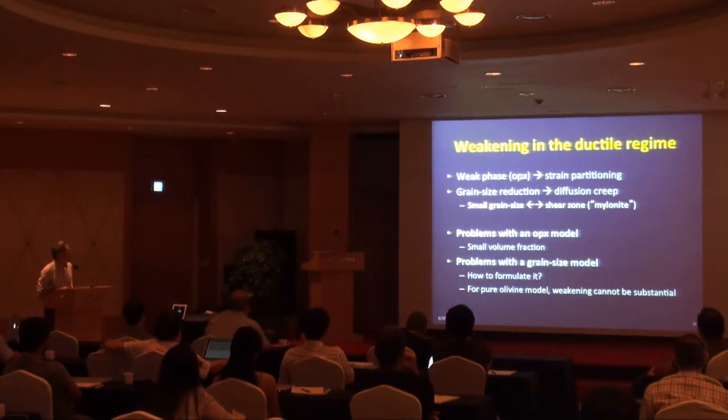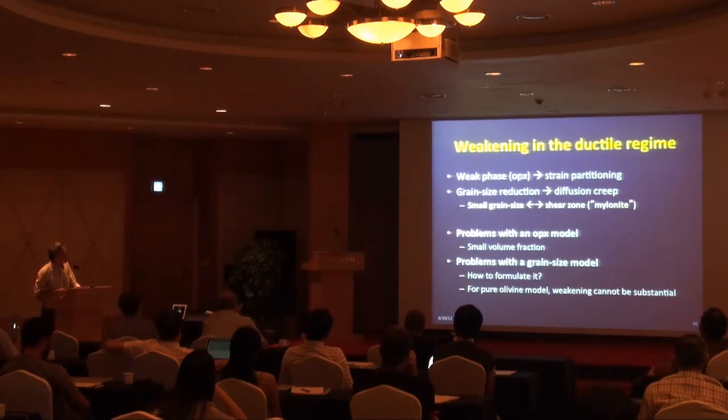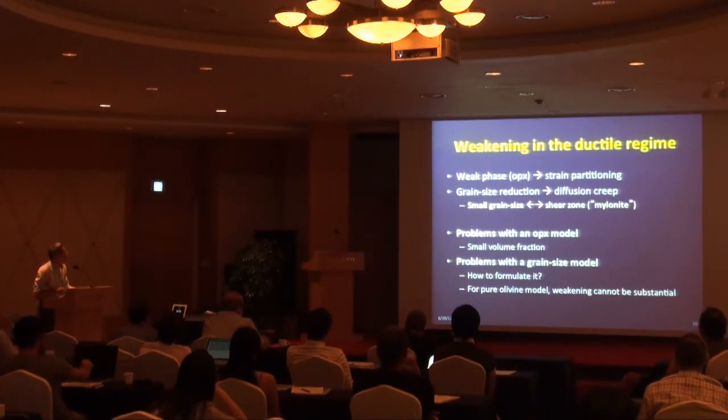So let's focus on plausible mechanisms of weakening in ductile regime. As I suggested earlier, based on our laboratory experiments, orthopyroxene, secondary mineral in the lithosphere, has much smaller strength than olivine under lithosphere conditions.